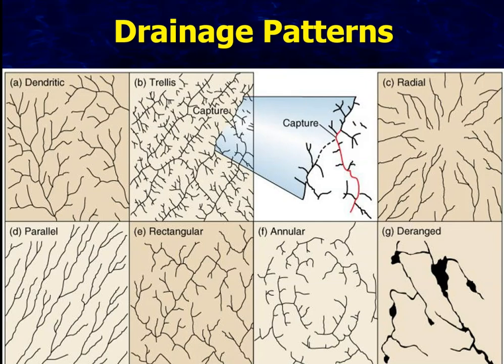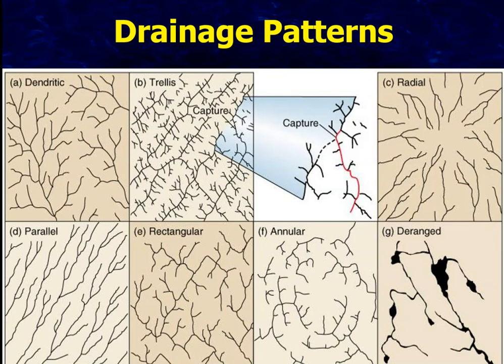Now the streams, as they cut into the rock and remove material, are going to be influenced by what the structure of the rock is itself. We already talked about folding and faulting, and that's going to create cracks or patterns in the ground and in the underlying structure. And some rock may be weaker than other rock, so it will affect how it happens.